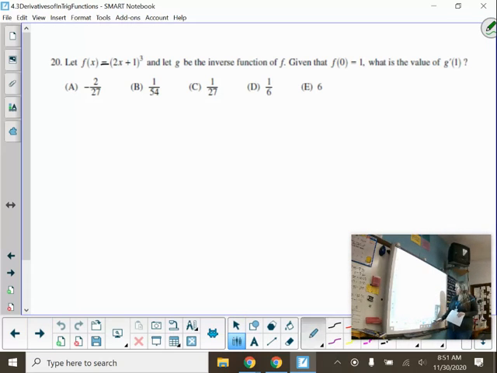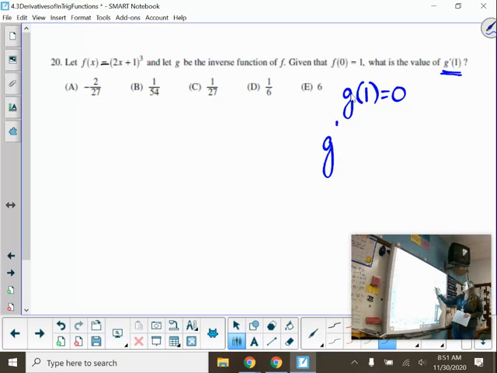A couple things to note here. Because g is the inverse of f, if f of 0 is equal to 1, that means that g of 1 is equal to 0. So we have that relationship. They're asking us to find g prime at 1.